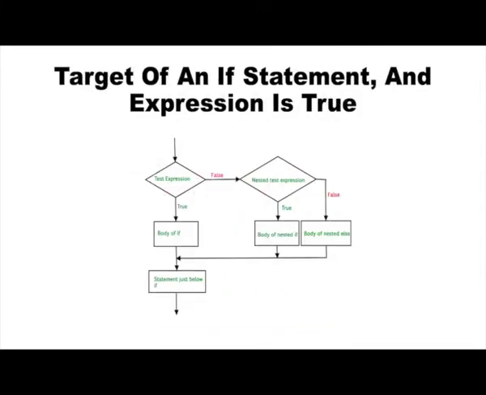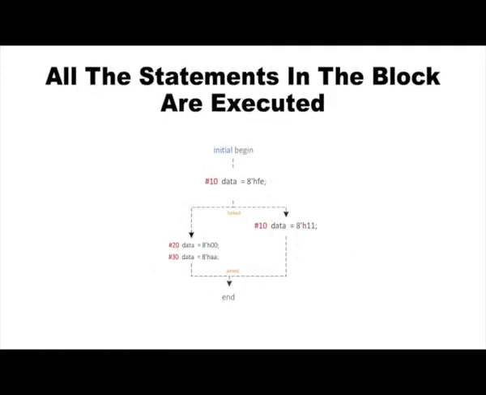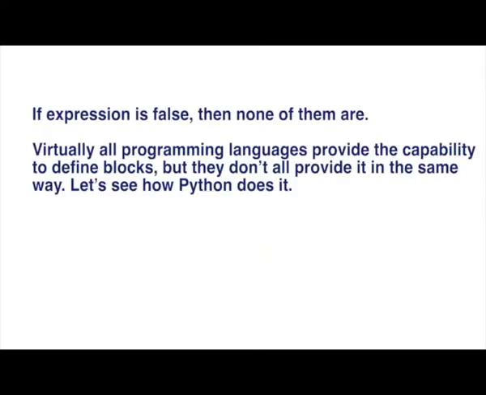When it is the target of an if statement and expression is true, then all the statements in the block are executed. If expression is false, then none of them are executed. Virtually all programming languages provide the capability to define blocks, but they don't all provide it in the same way. Let us see how Python does it.